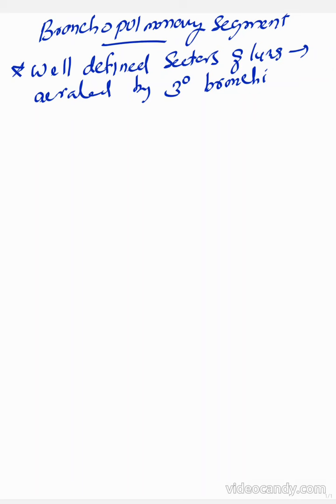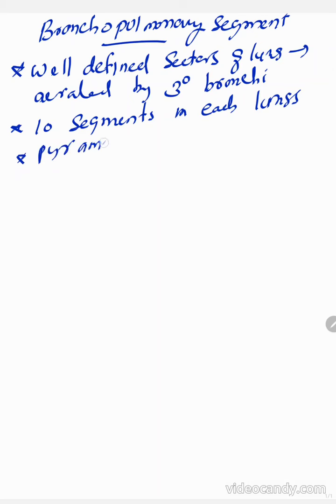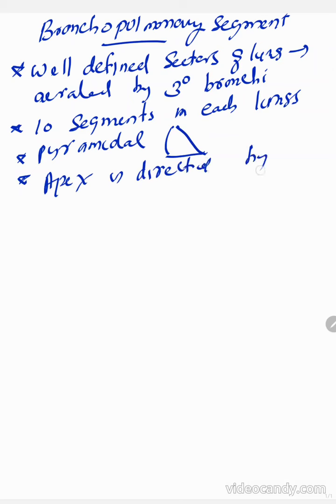Okay, so there are some characteristic features of the bronchopulmonary segments. There are 10 segments in each lung. They are pyramidal in shape, and the apex of the pyramid is directed towards the hilum.